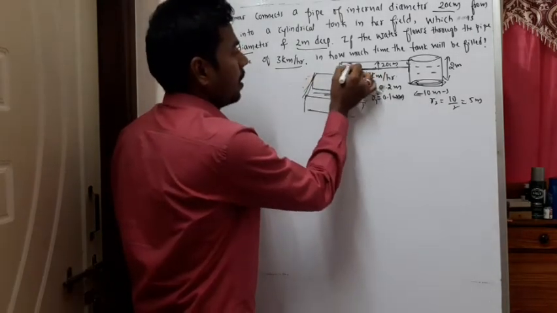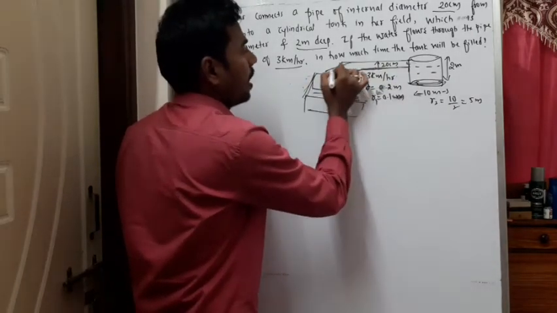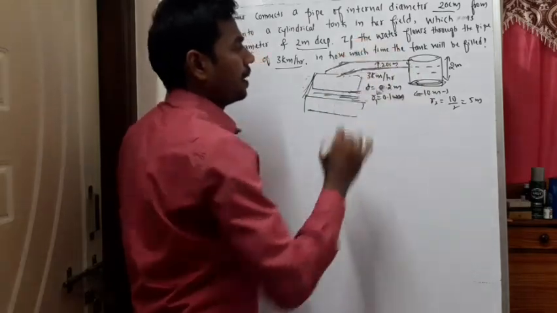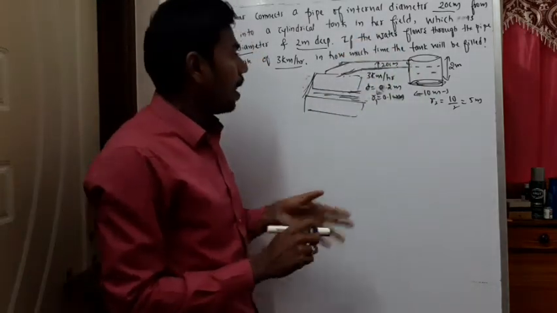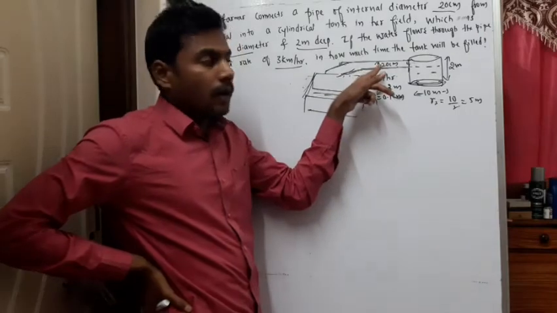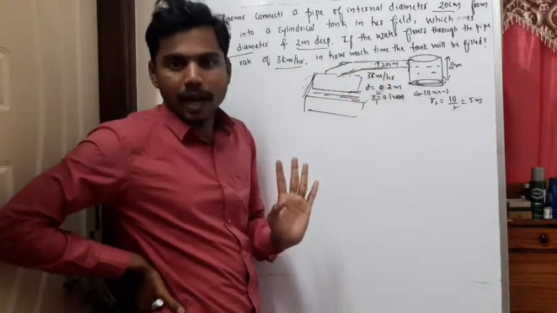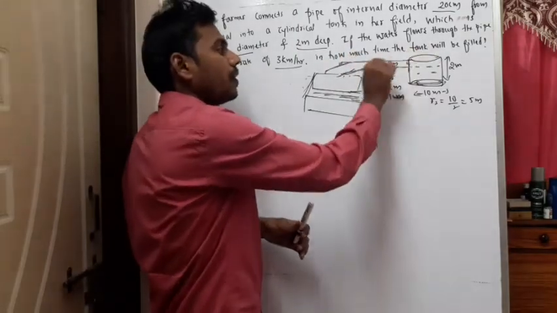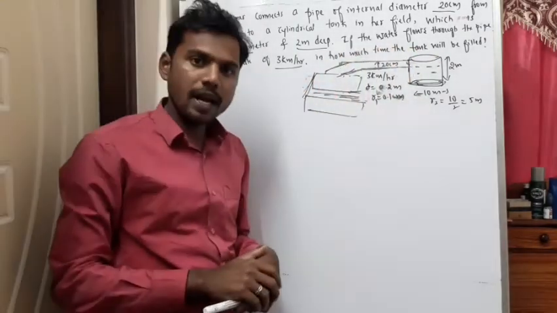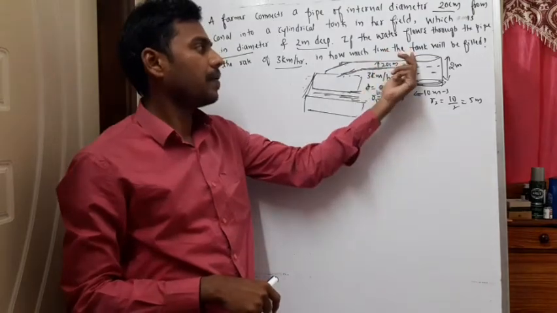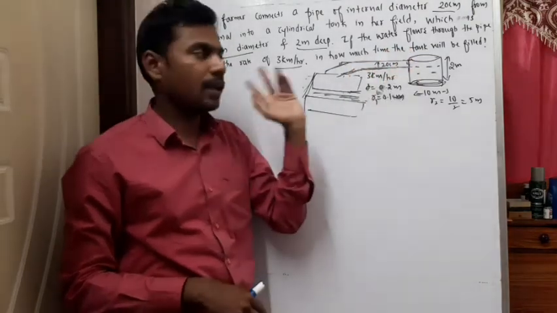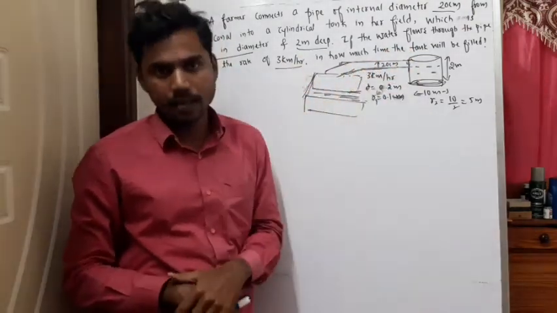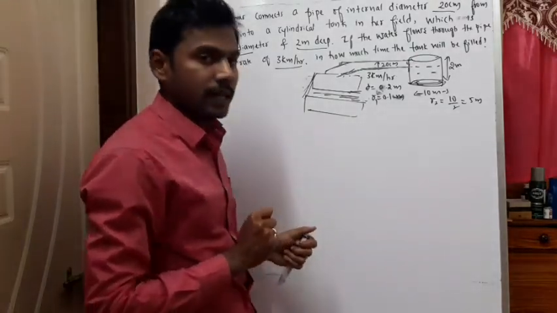Now, 20 centimeter is the internal diameter. If I want to find the volume of water flowing through this, how can I calculate? If I am able to find the volume of this particular pipe, then I'll get the volume of water flowing through it. Yes or no?